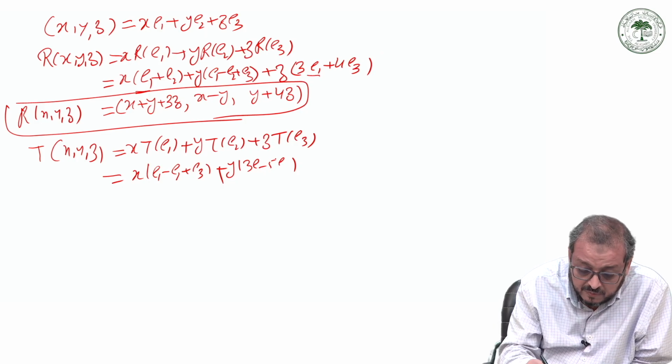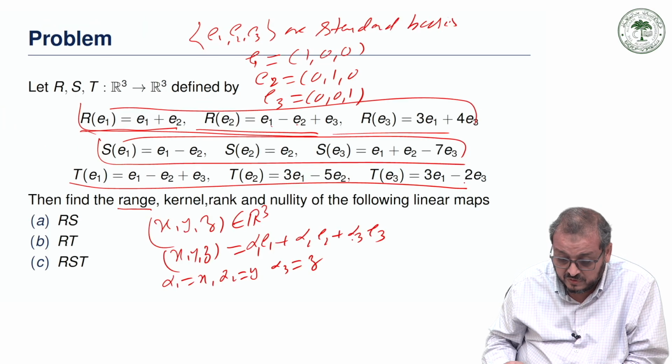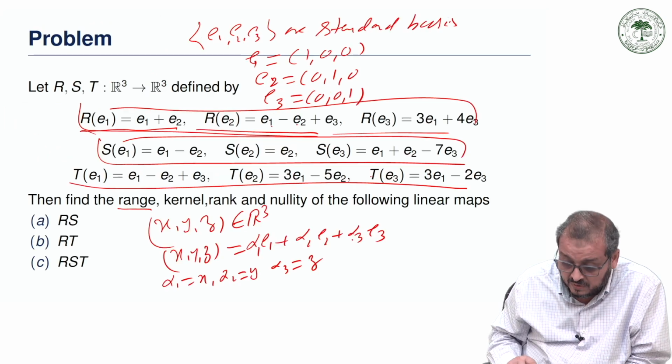So this is 3 times E1, 5 times E2, and plus z times T of E3, which is defined as 3 E1 minus 2 E3. So this is 3 E1 minus 2 times E3.